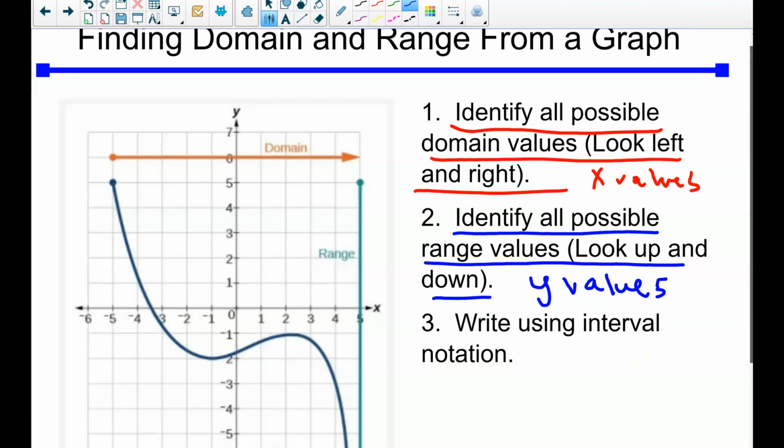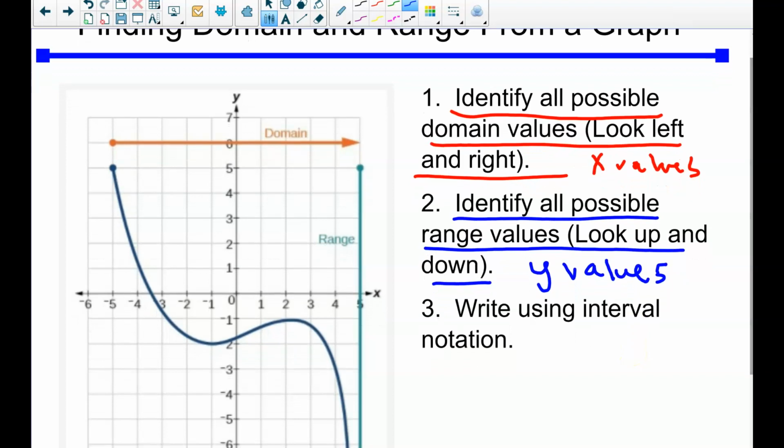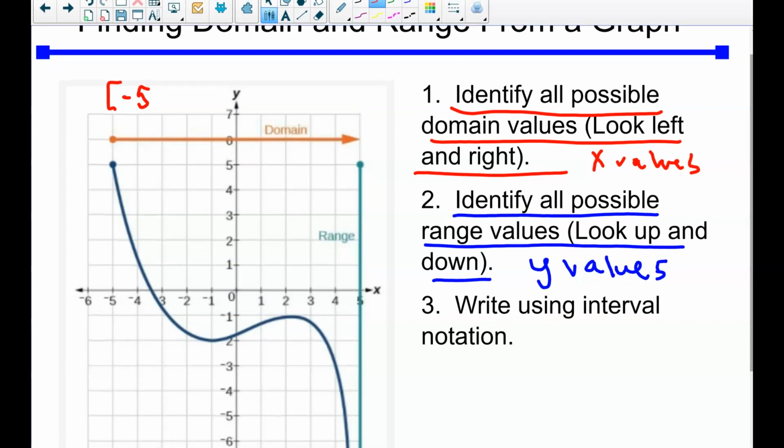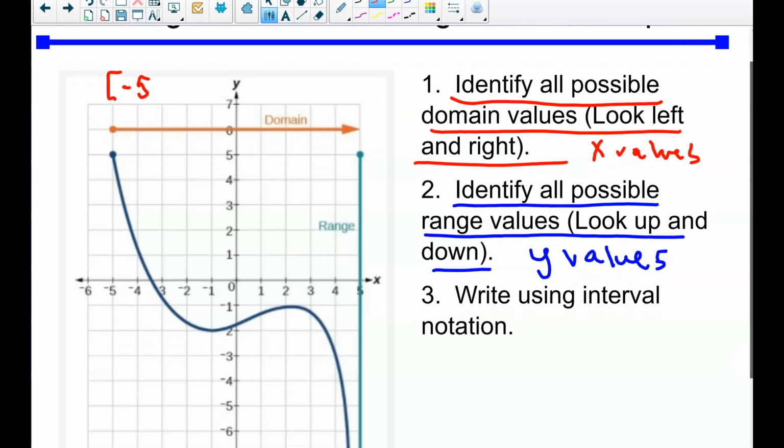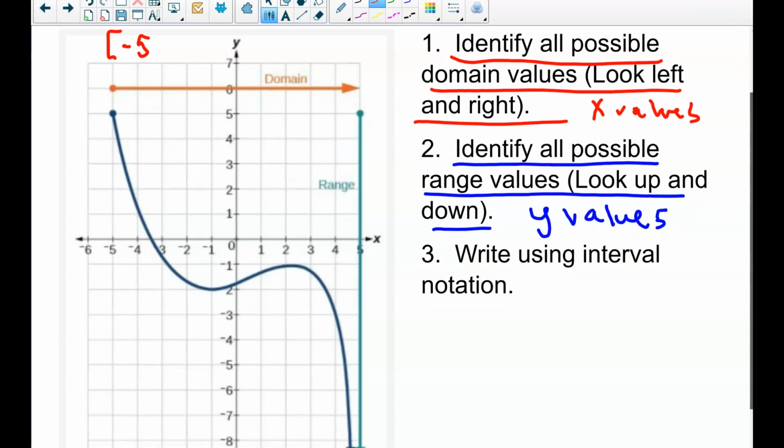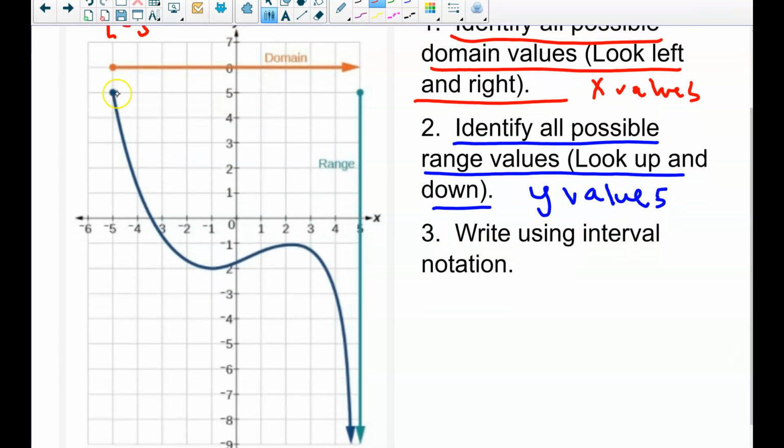So when you see a graph like this and you want to list those out, if we're looking at domain, we have a closed point here at -5. So we put a bracket around that -5, but then it's an arrow, a continuing line, as it goes on. I'll scroll down a little bit so we can see this. You'll see it's a closed dot at -5, but then an arrow that continues on forever and ever.